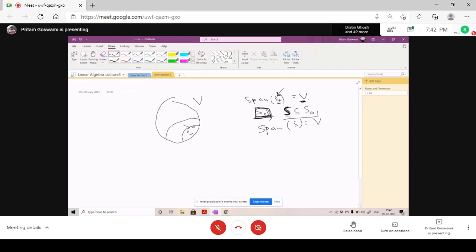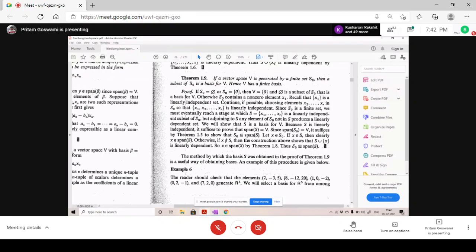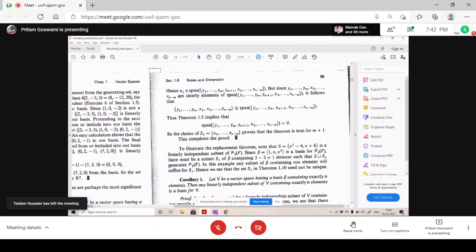A subset of a finite set is finite only. So if a finite set spans the whole vector space, then the basis must be finite also, and it is a subset of S0. They have proved this in the theorem; if you are interested, you can see the theorem.